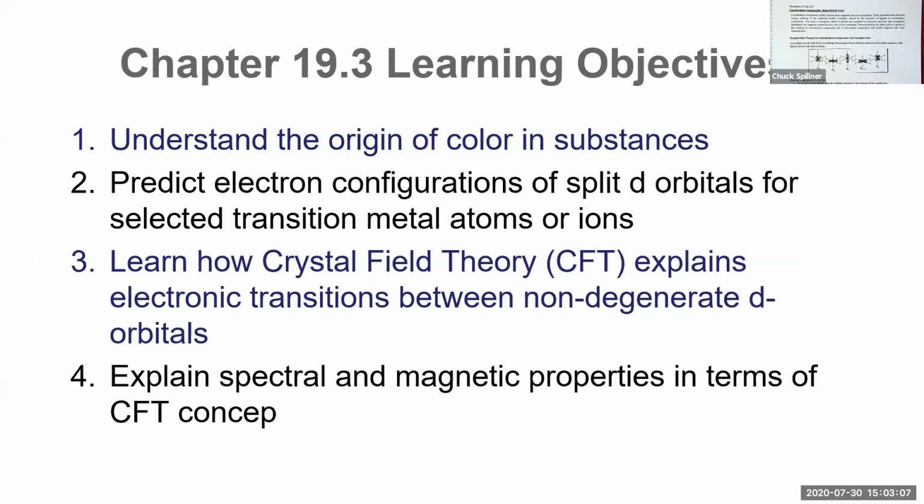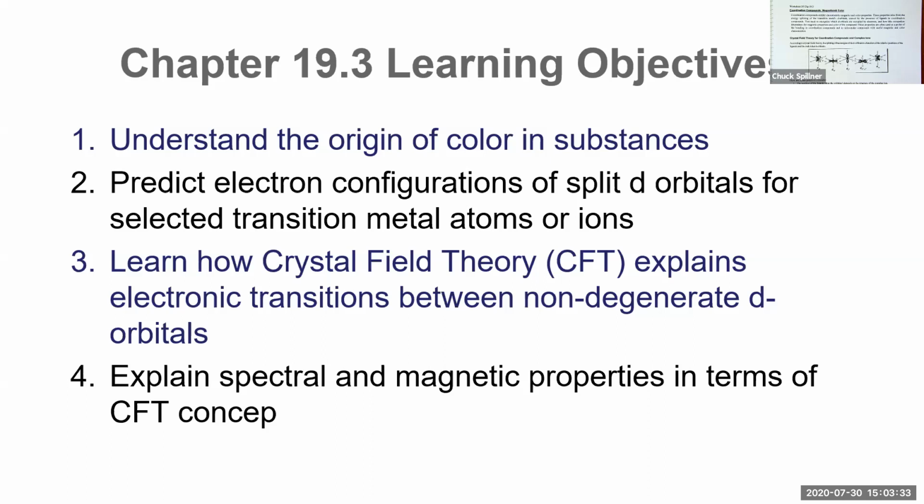So in chapter 19.3, we're going to start off by looking at why things are colored. So understand the origin of color in substances. And then we're going to look at what happens to the d orbitals in the transition metal ions when the ligands complex with the metal ion.